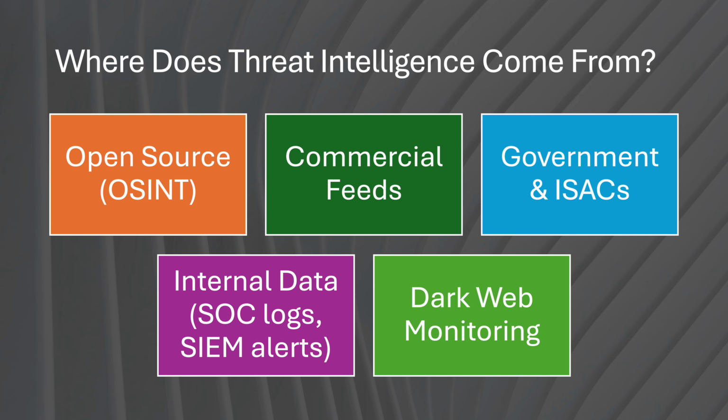Government and ISAC sources share alerts from national-level threats. And then there's your own environment, your SOC logs, SIEM data, and network telemetry. That's where some of the most valuable intelligence lives, because it's unique to your organization. By combining these sources, SOC teams create a powerful, real-time view of the threat landscape.